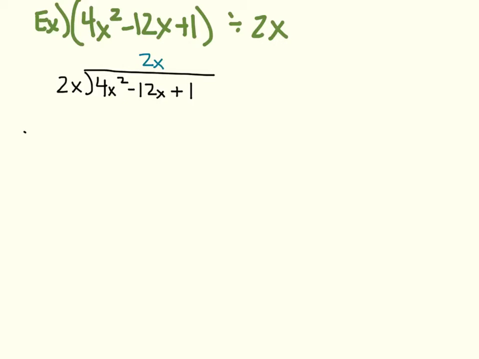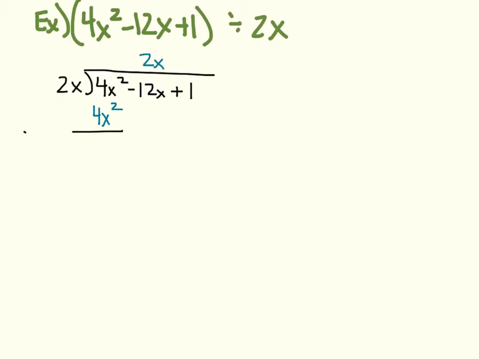Why would I want to write it right there? Because it goes right above the same thing; these have the same exponent. Now I have to take this 2x and multiply it by everything in my divisor. So 2x times 2x is 4x squared.